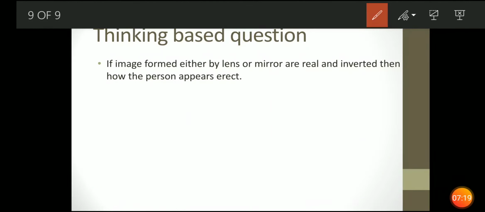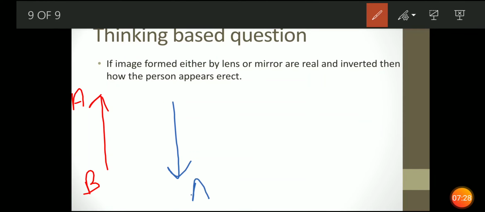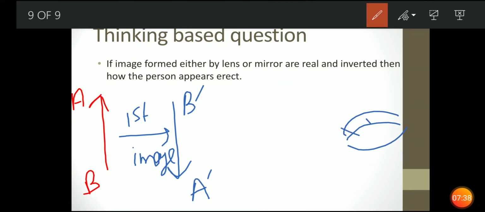Again समझा रही बेटा. This is your object AB. Fine. You get an image like this one. This is your first image. Now you have an eye. This is your eye.